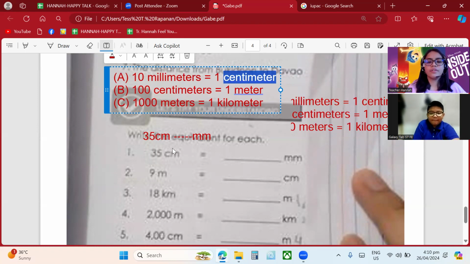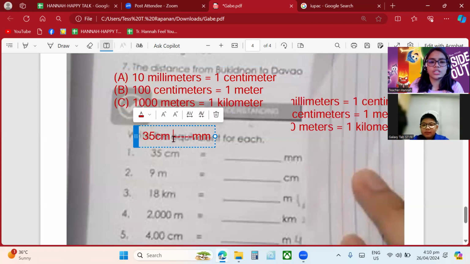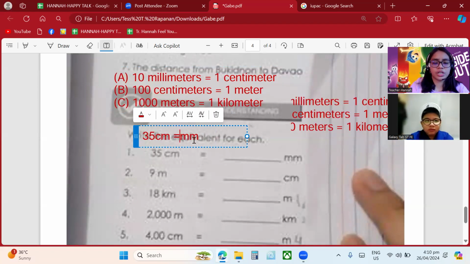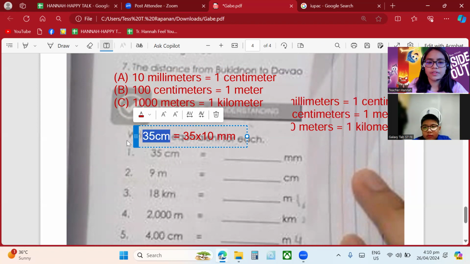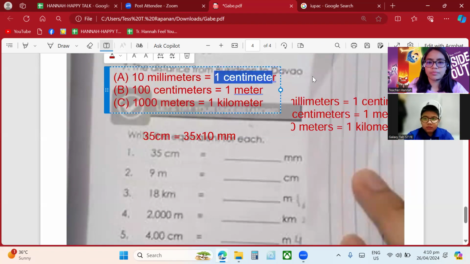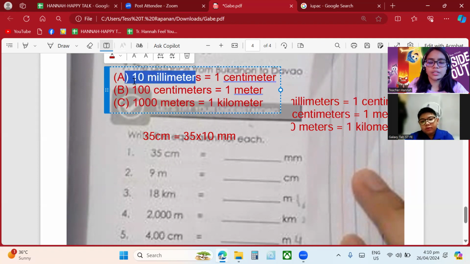You have millimeters and centimeters. So we have 35 centimeters. We're going to change it into millimeters. So it will be just 35 times 10. Because 35 centimeters, you have this one, and then you need this one.